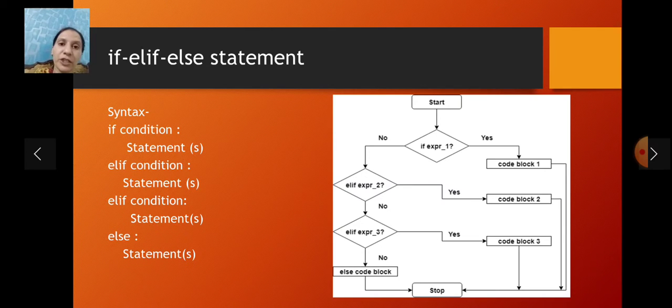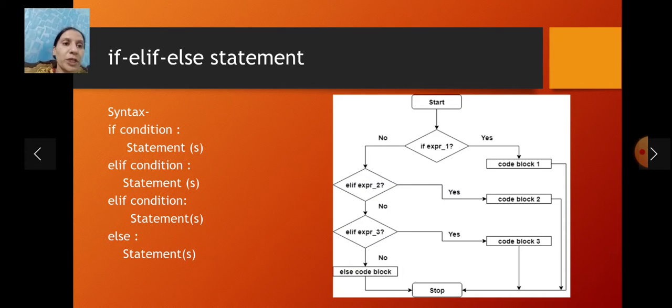If the condition is false, then we move to another condition, which is associated with the elif construct, and if the elif condition is true, then the statements associated with this condition are evaluated. Else we move to the next elif condition. If the condition is true, then the statements associated with this condition are evaluated. Otherwise we move to the else part, and the statements associated with the else block are executed.